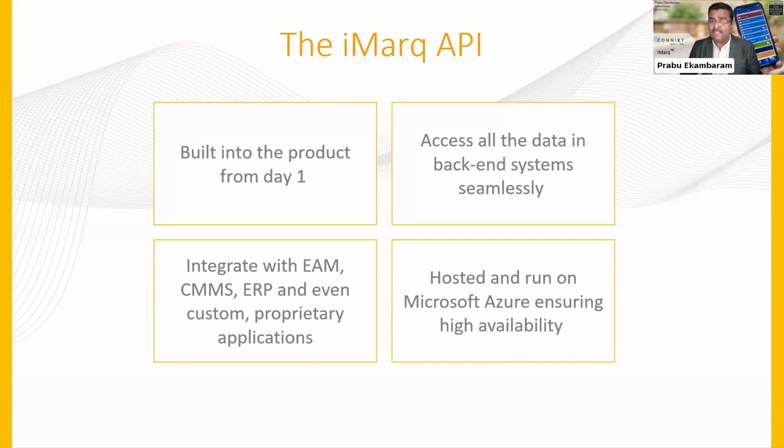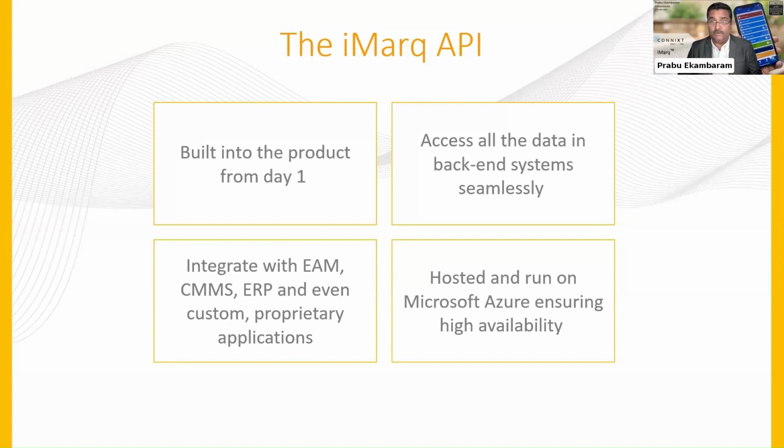Now, the third is homegrown systems. If there is an EAM out there, which could be a homegrown system or an EAM system that does not have an API layer, as long as we have access to that database, as long as the customer provides access to that environment, we are capable of creating an adapter layer so that it gets connected with our cloud environment.